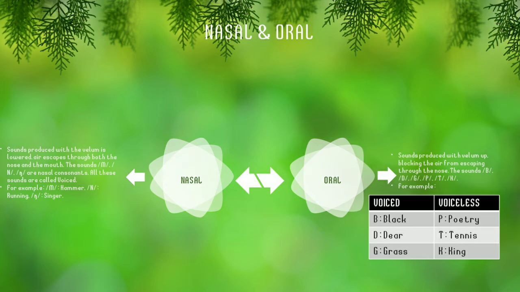All of these sounds are divided into two types, voiced and voiceless. Voiced, for example, the sound b in the word black, and voiceless, for example, the sound k in the word king.